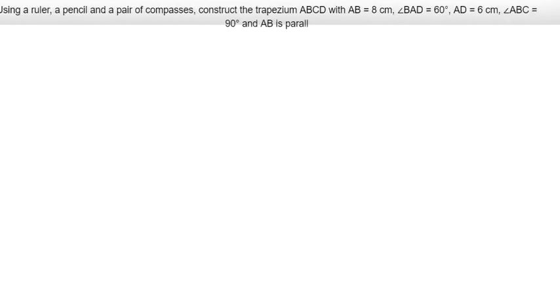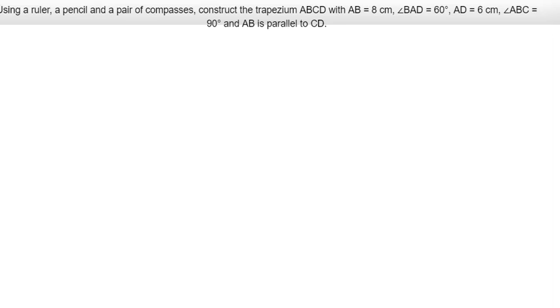January 2017, question 3b. The question reads: using a ruler, a pencil, and a pair of compasses, construct trapezium ABCD with AB being 8 centimeters, angle BAD is equal to 60 degrees.